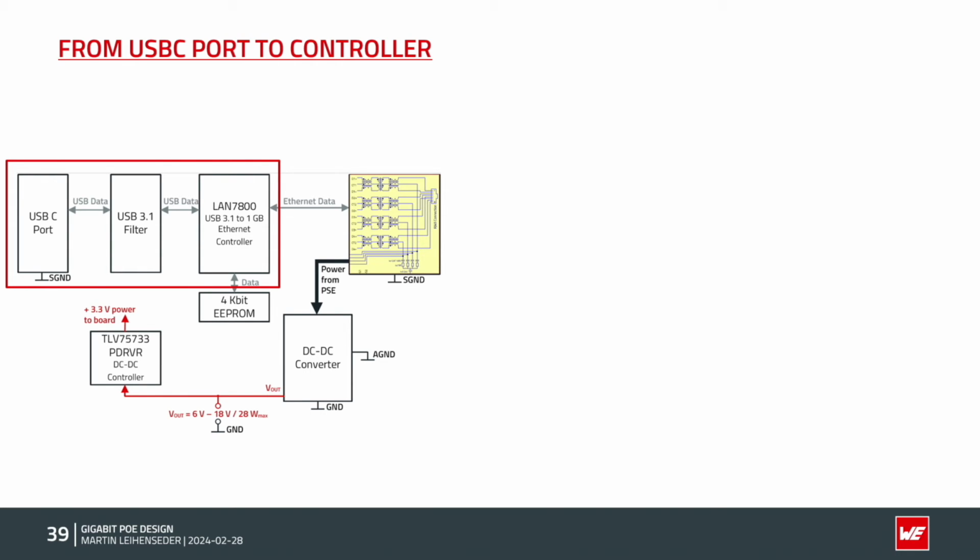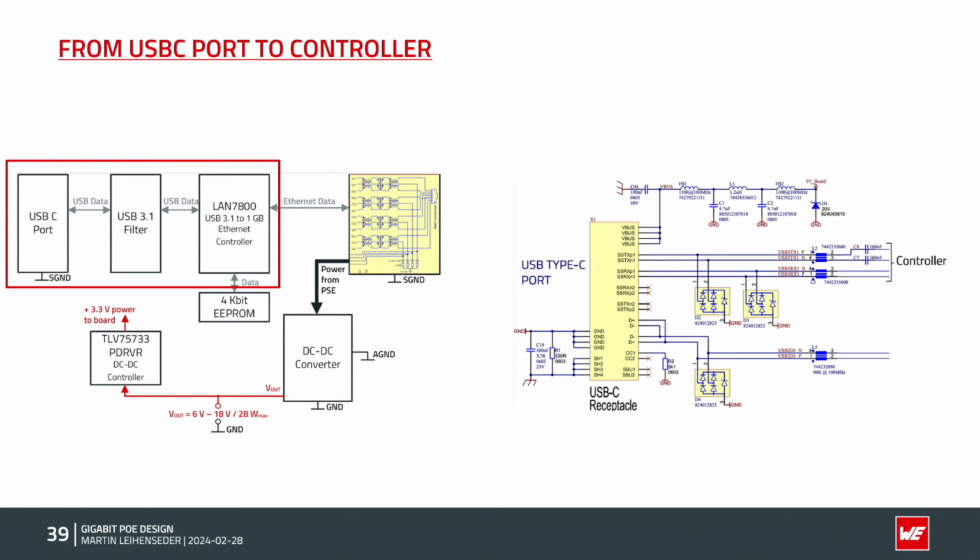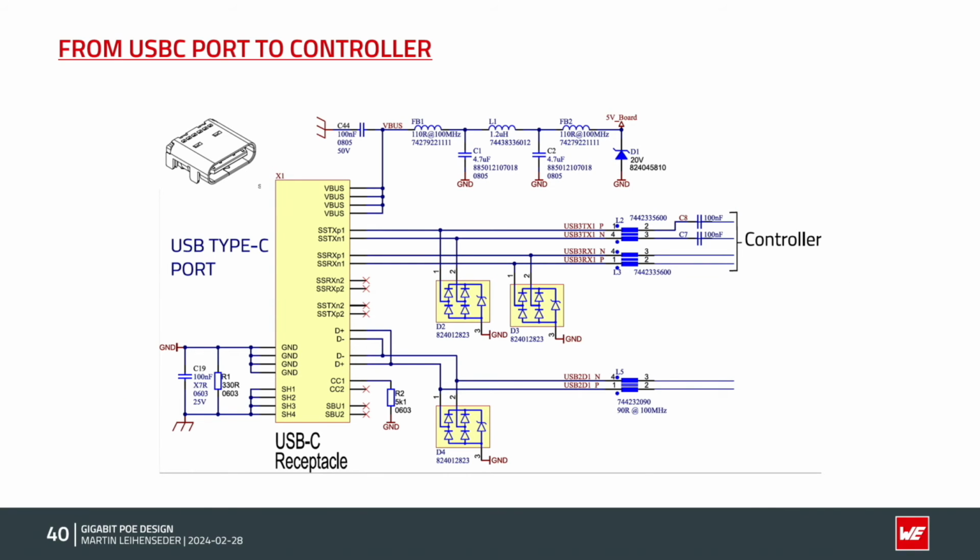Now we go to the other side, the connection from the USB port to the controller. This is also, of course, interesting. Also here we have the circuit on the right-hand side, and when I go to the next slide, this circuit is enlarged. There we go. So the USB port is the yellow big field on the left side, and on the right side, this goes to the controller.